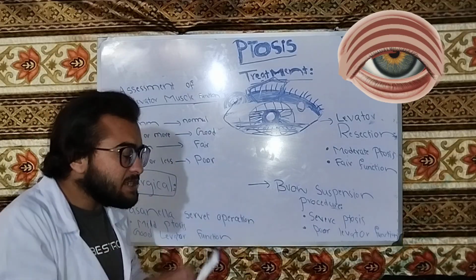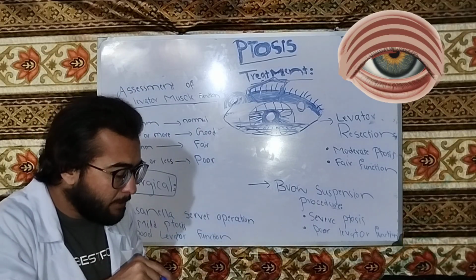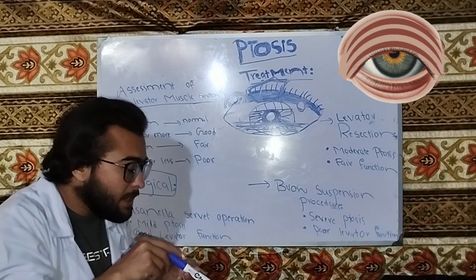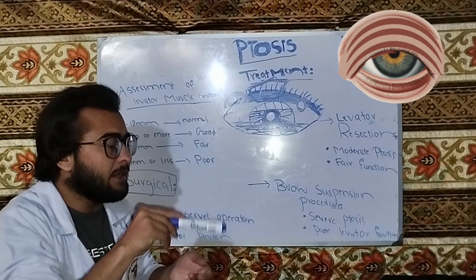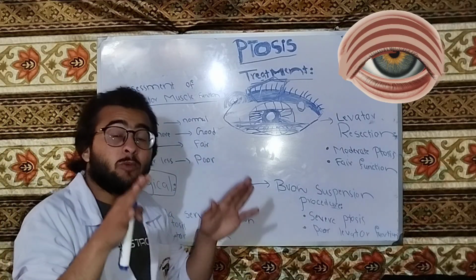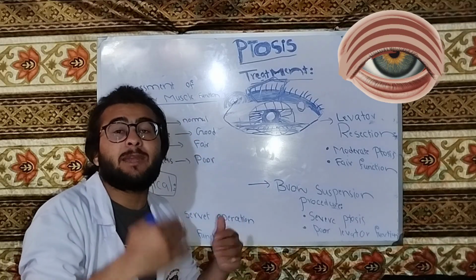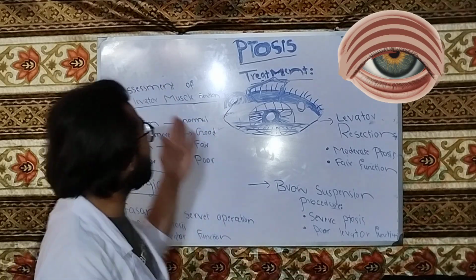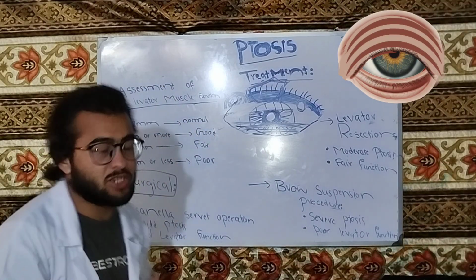In this measurement, as he looks from below to above, he will also lift his upper eyelid. From this we will measure how much he can lift his upper eyelid. This is called assessment of the levator muscle function.